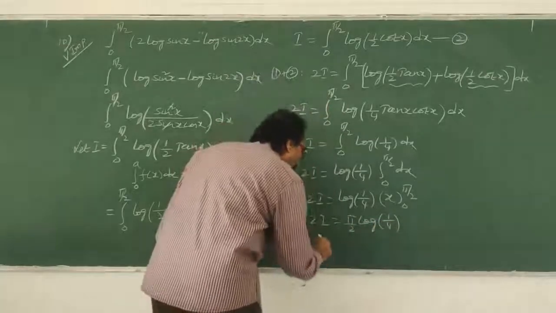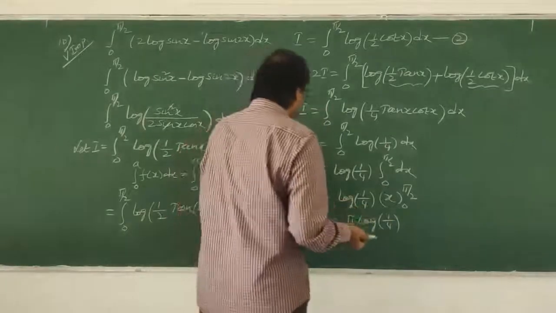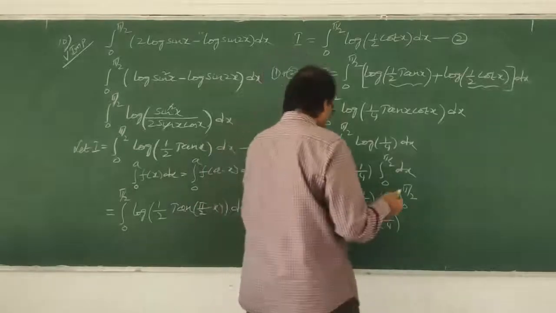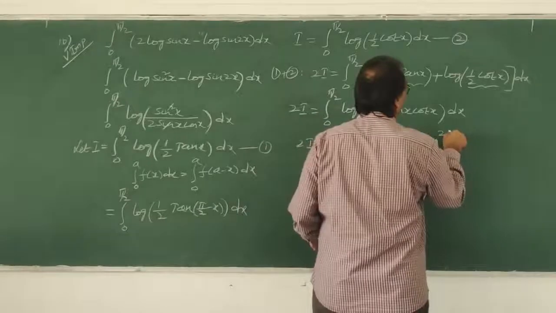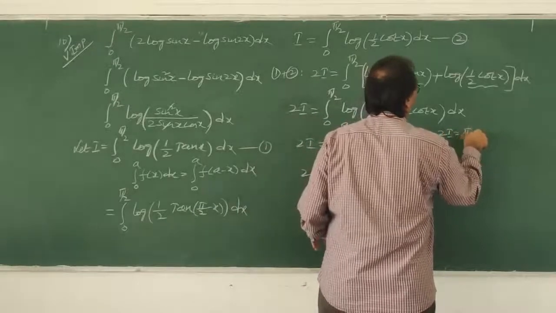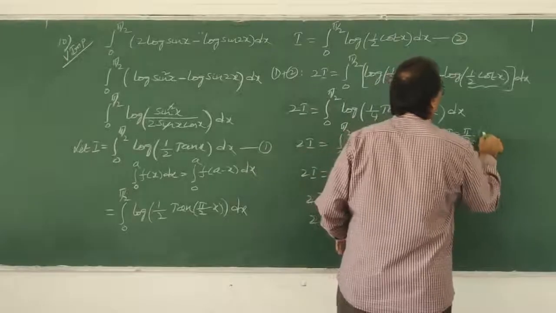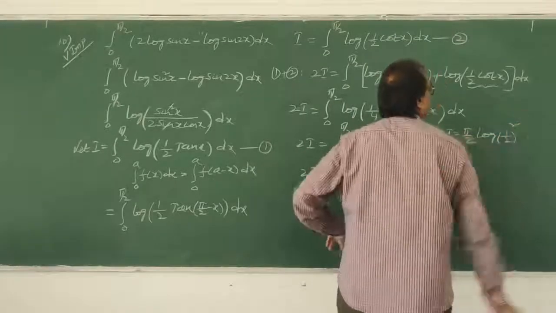So now I is equal to, how much will you get now? Two things you can do. I'll show you. Here 2i is equal to pi by 2 into log 1 by 4. How can you write? Log 1 by 2 whole square.